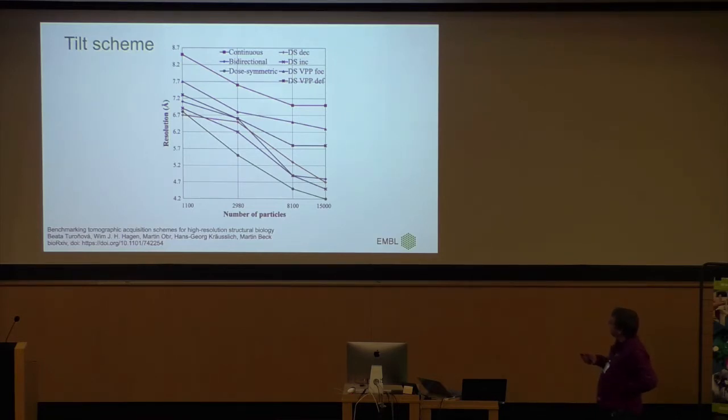we took this same HIV sample, it's more or less the apoferritin of tomography, I would say, and used a couple of different tilt schemes: continuous tilt scheme, bidirectional, dosimetric. We did a dosimetric with a decreasing tilt angle and with an increasing tilt angle to see if around 0 we would over or undersample, if it would be any difference.